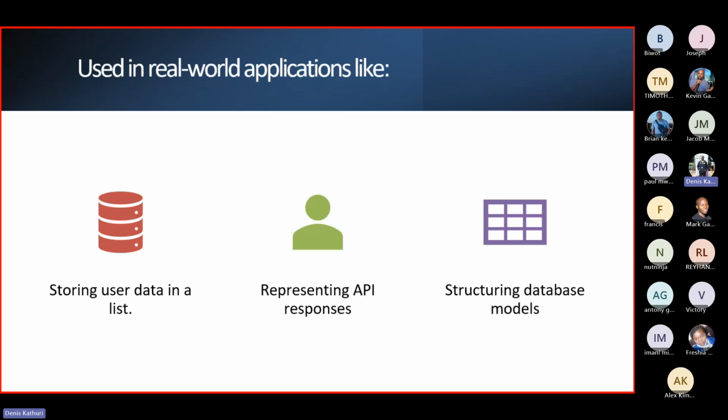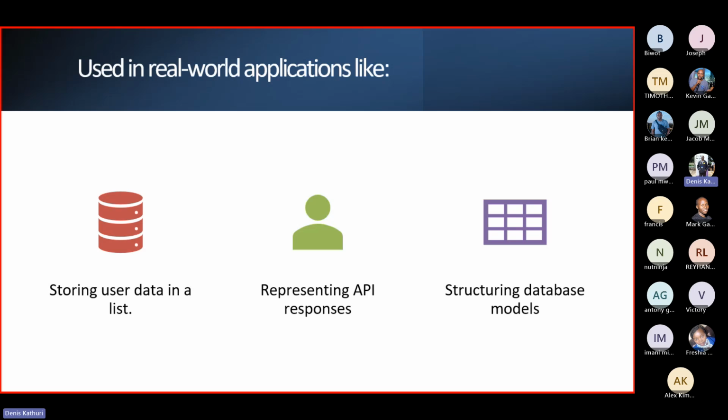For example, imagine an e-commerce website where we have a cart. The cart stores multiple items, so the best data structure there is an array. Then we have product stock availability.